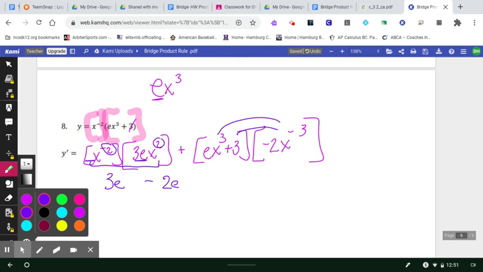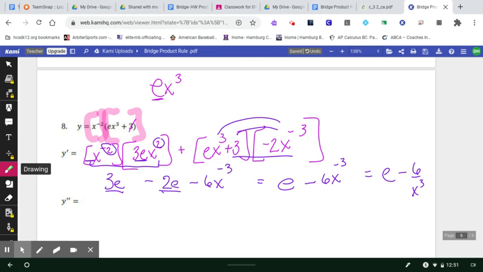When you multiply, we add exponents. And then when I multiply these guys, I get negative 6x to the negative third. So all said and done, 3e minus 2e makes e minus 6x to the negative third. And I could rewrite that as e minus 6 over x cubed.